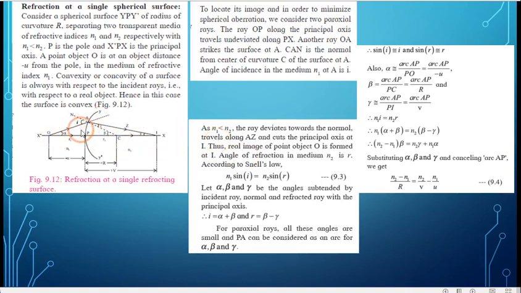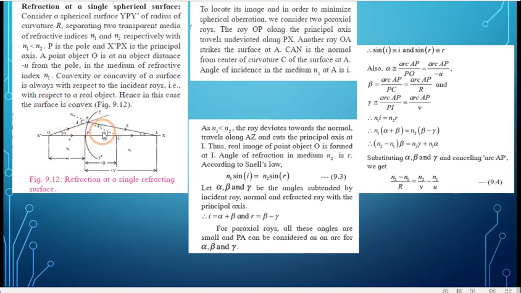The second ray we have considered is OA, striking at point A. Now CAN can be the normal, and from the center of curvature C of the surface at A, we consider the angle of incidence, that is OAN, angle of incidence I, which is in the first medium having refractive index mu1.